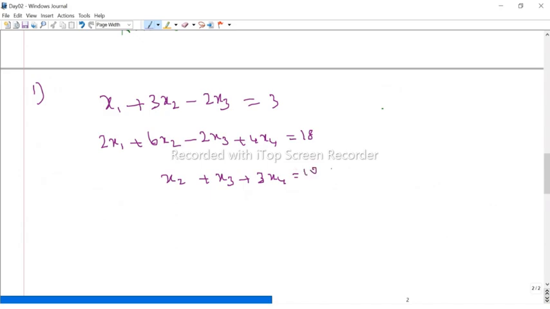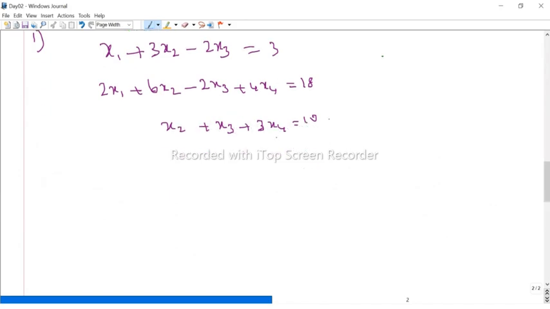So there are 4 unknowns, x1, x2, x3, x4, and 3 equations. Therefore, if you transform this into the matrix equation, we have to write the coefficients.